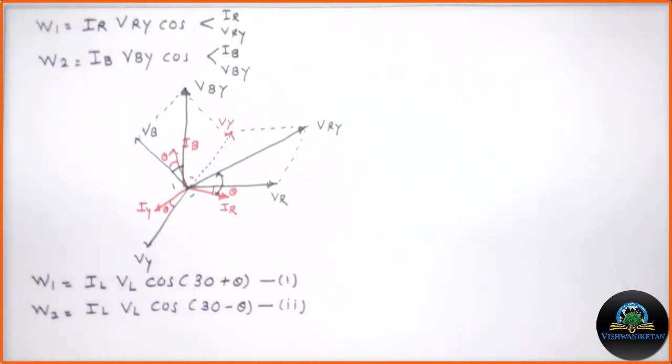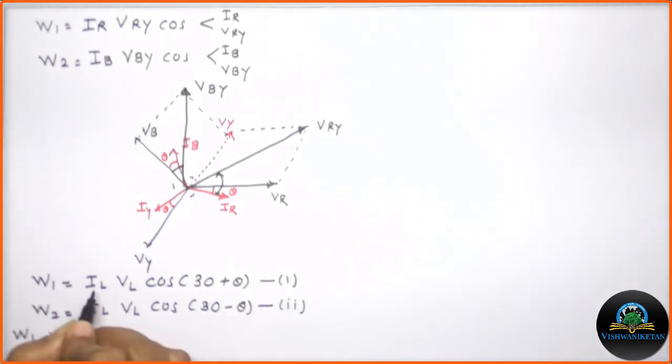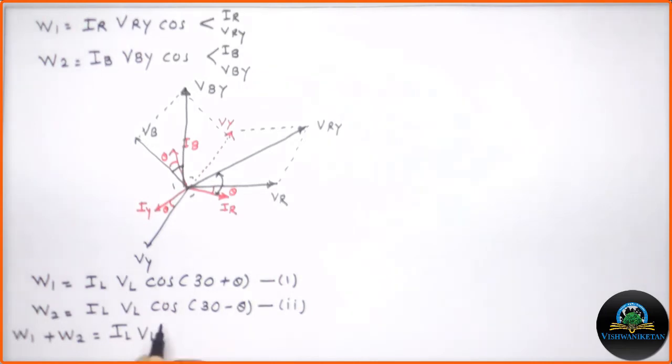Now I have two equations with me. If I take the summation of 1 and 2, I will be getting W1 plus W2, which is equal to, taking the common part in these two equations, IL and VL, times cos 30 plus theta plus cos 30 minus theta.